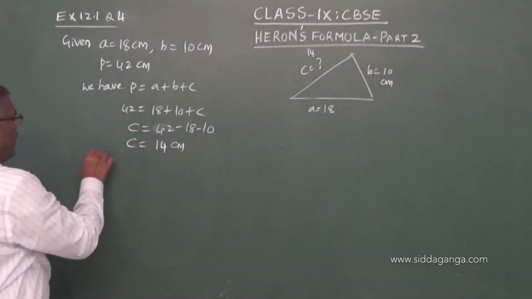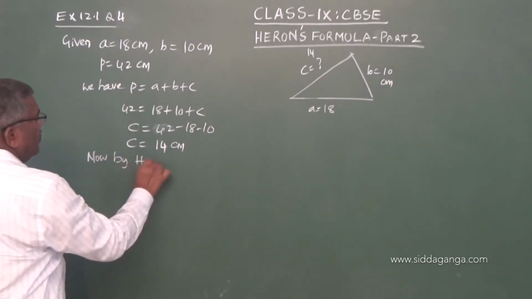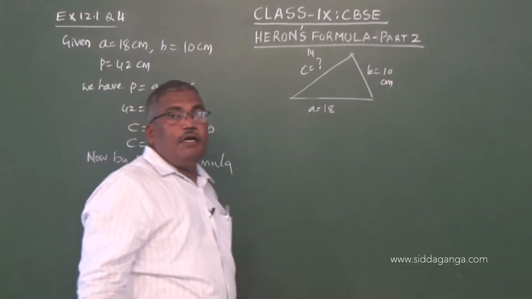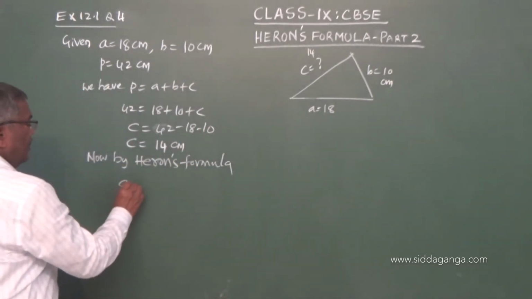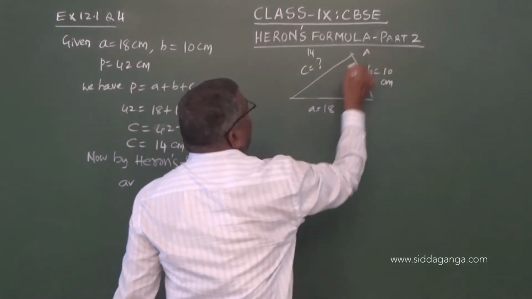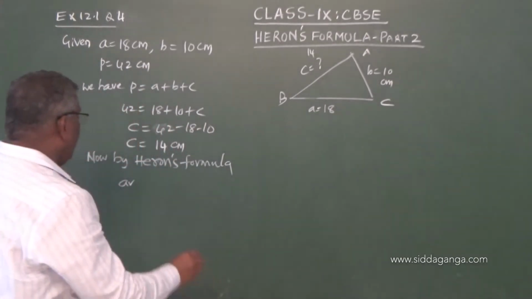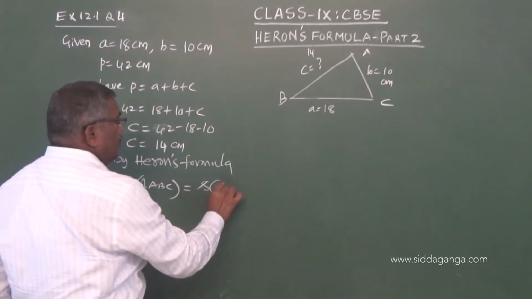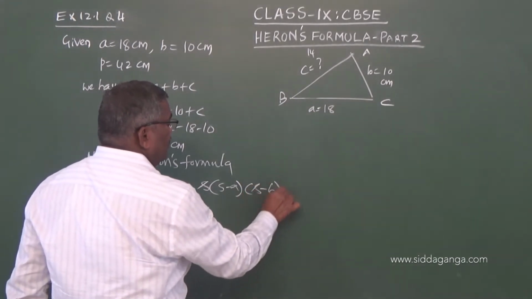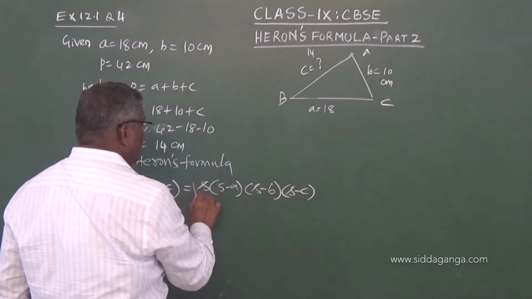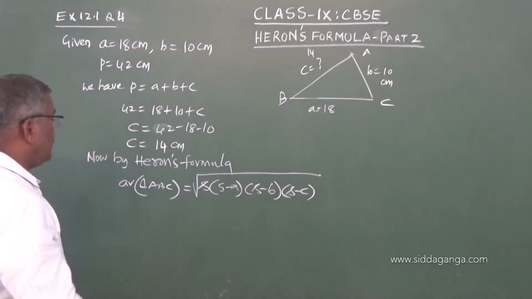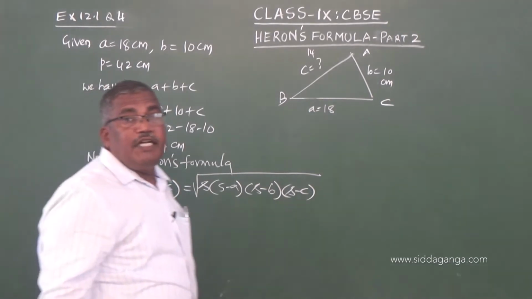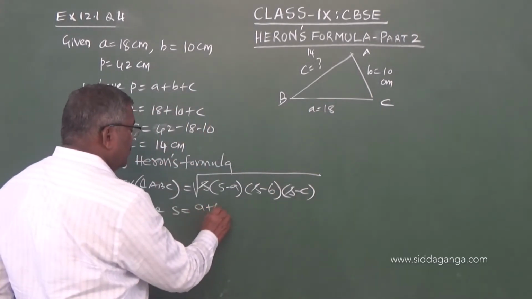Now by Heron's formula, area of triangle ABC is equal to the square root of S into S minus A, S minus B, S minus C, where S equals the perimeter divided by 2, that is A plus B plus C divided by 2.